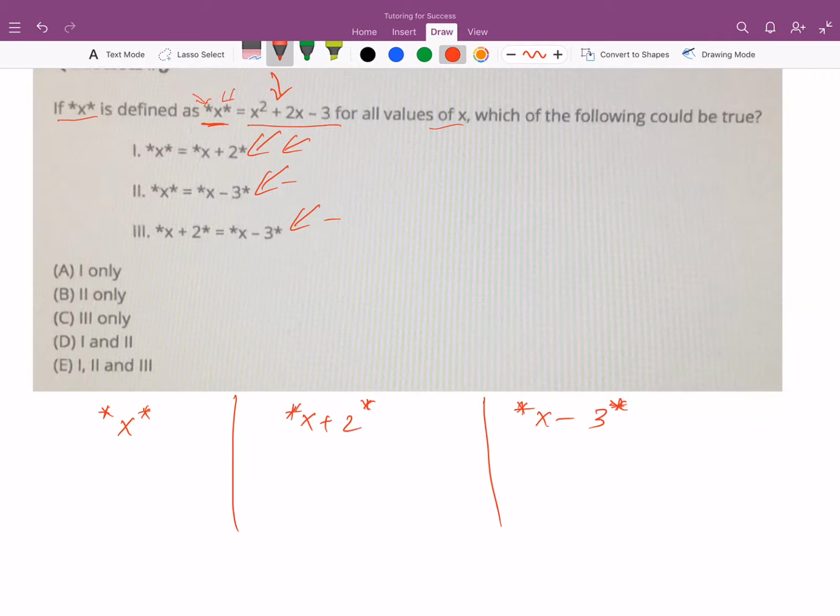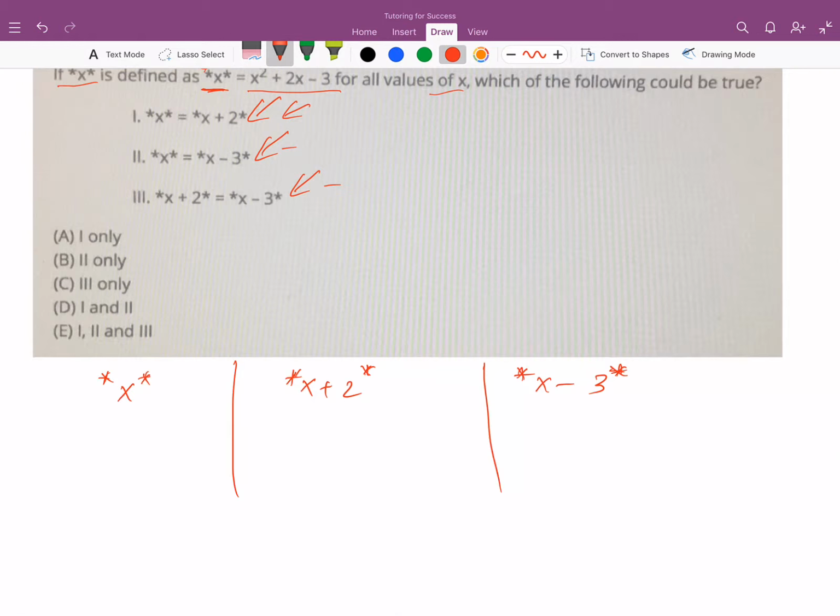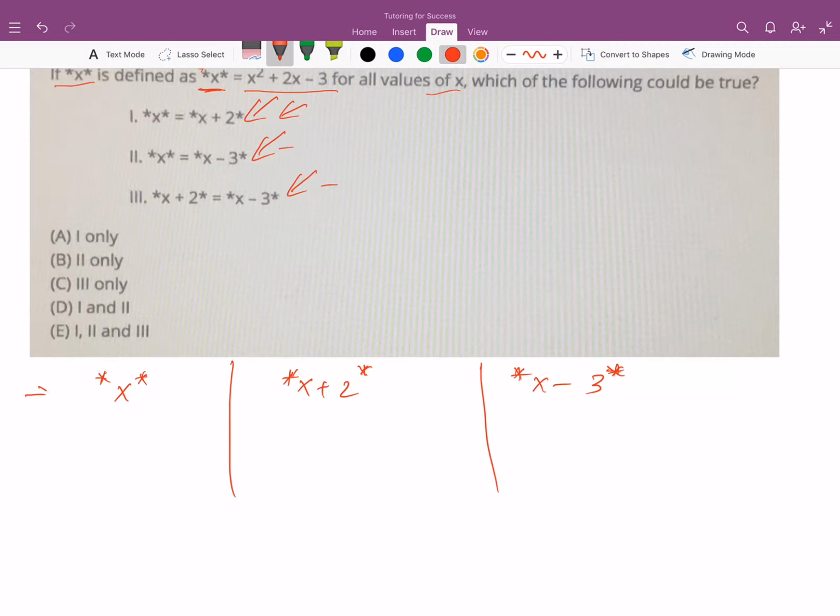The probability is very low, and you have 60 or 70 seconds to solve this problem, and guessing random numbers will just waste your time. So let's do that. For this expression, I already have the expansion, which is x squared plus 2x minus 3.